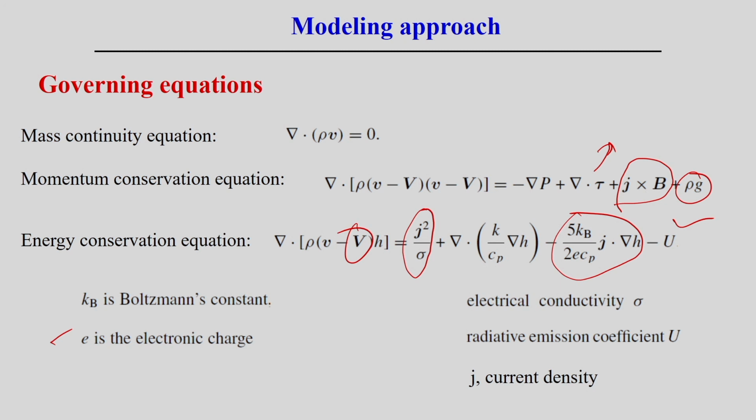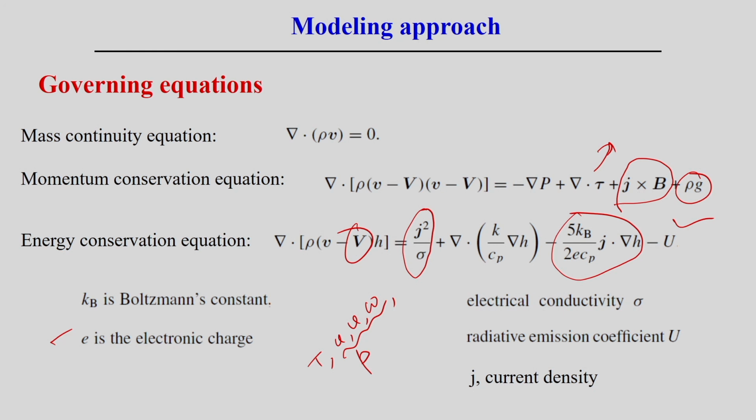So these are the governing equations. If we solve them, we will be able to know the temperature distribution and the velocity field U, V, W, which is three dimensional. Apart from this, we will also be able to get the pressure field, because in the Navier-Stokes momentum equation, the pressure is associated.